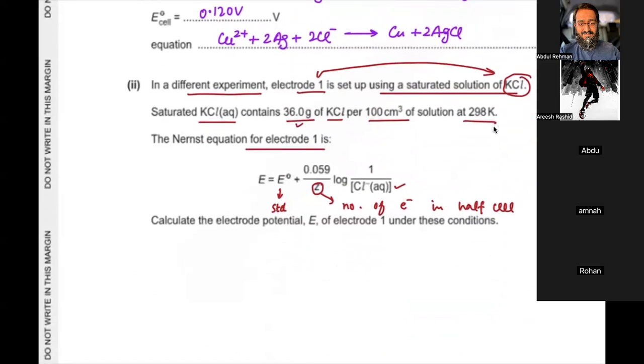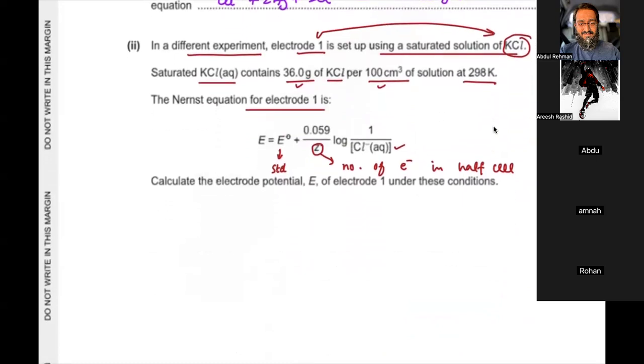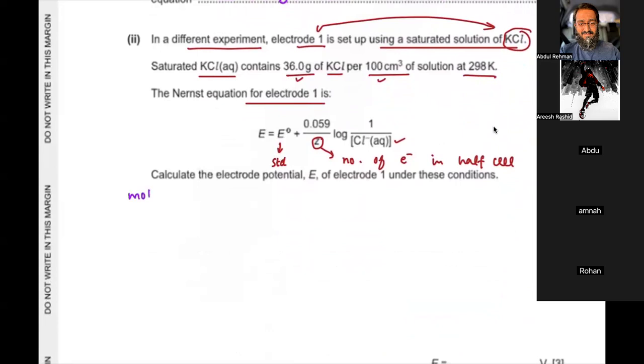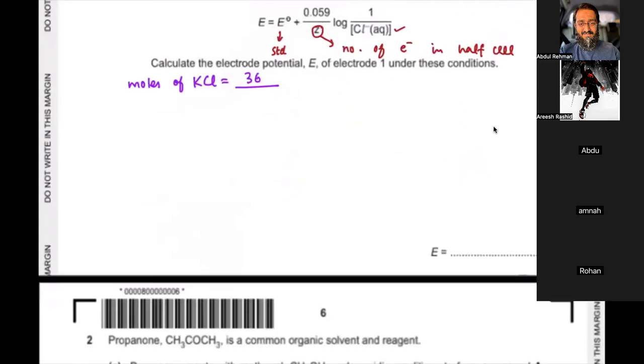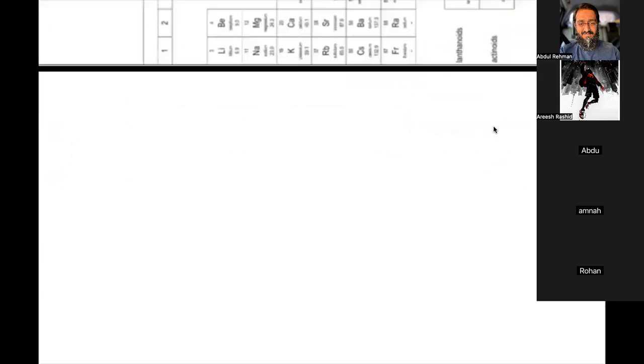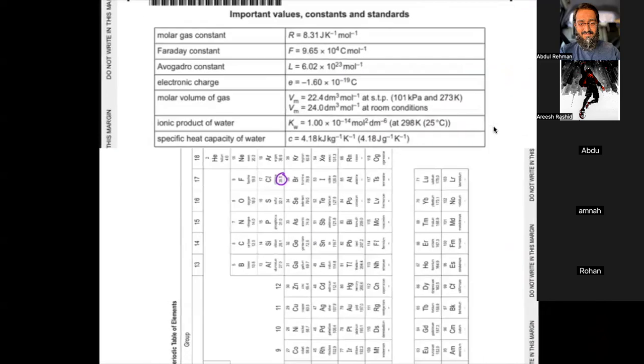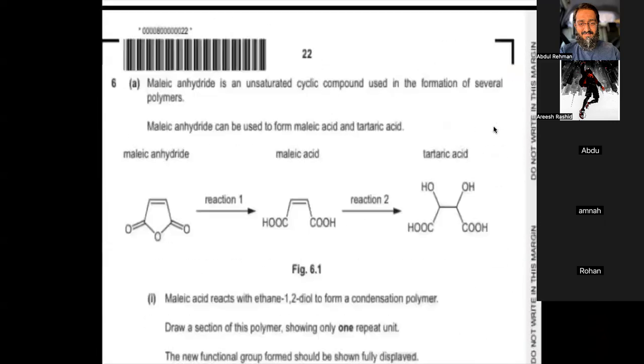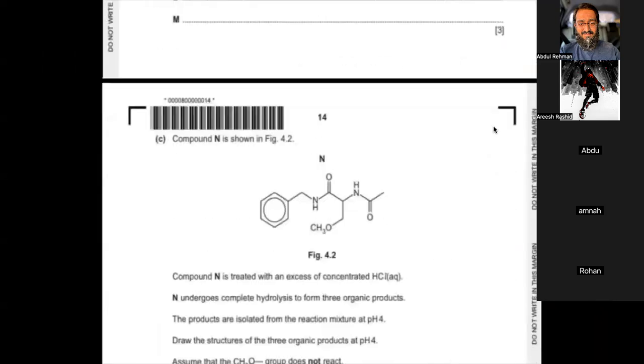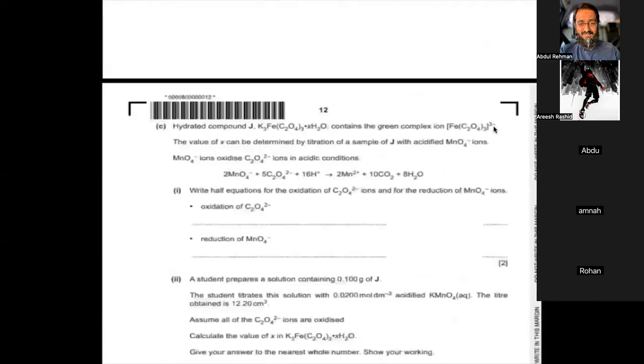First what we are going to do is convert the mass into moles of potassium chloride. So moles of potassium chloride equals 36 divided by the Mr of potassium chloride. Potassium is 39.1 and chlorine is 35.5. Can anyone add the values? 39.1 and 35.5.